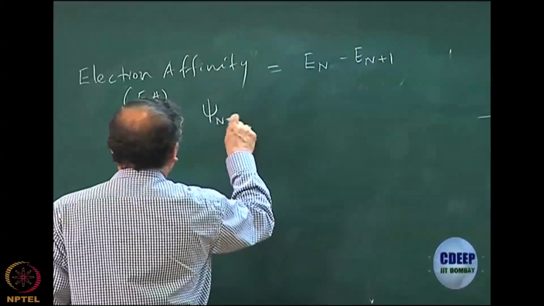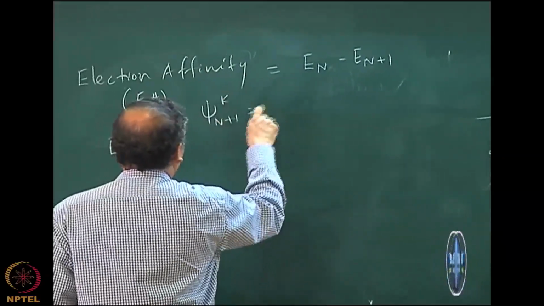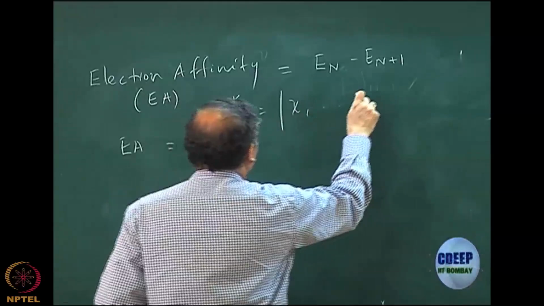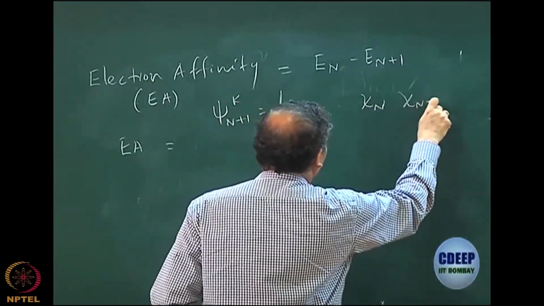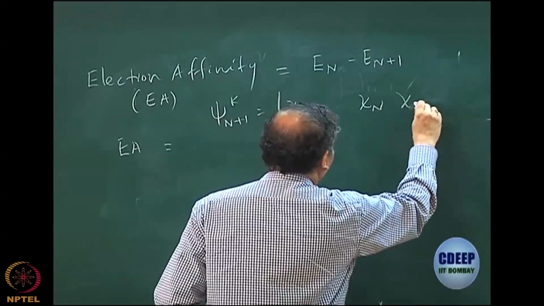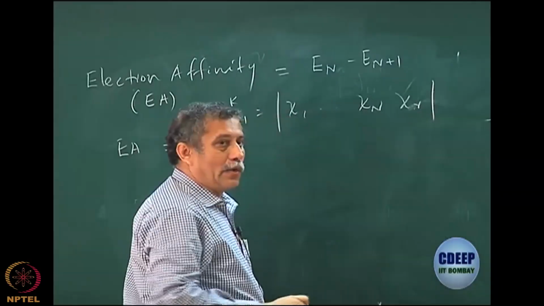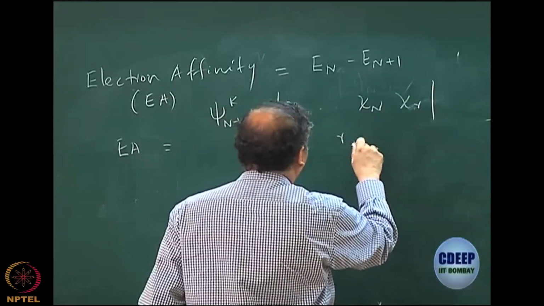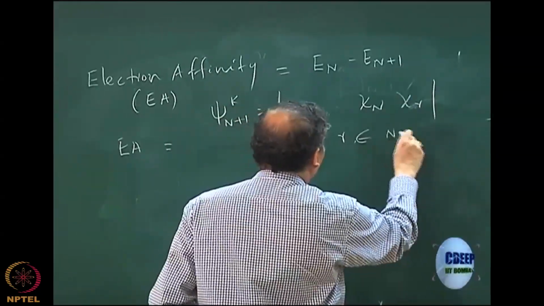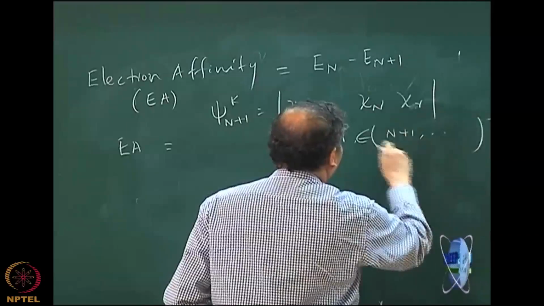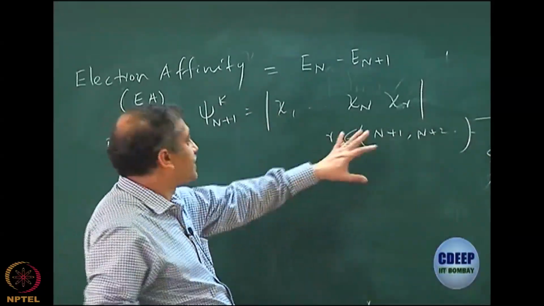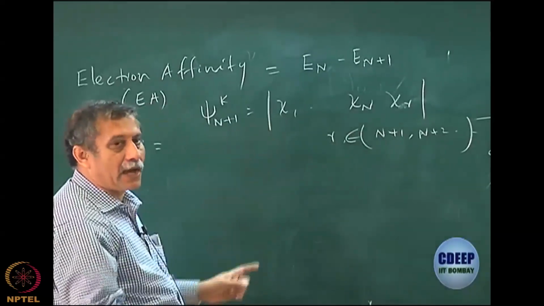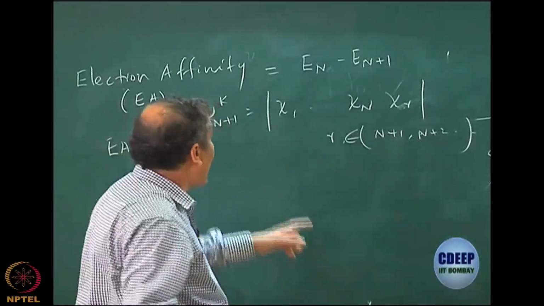So first Koopmans says, let me generate an N plus 1 electron wave function such that I have all chi_1, chi_2 to chi_N, and then I add an additional chi_(N+1), or let us say chi_r, where r is outside, in the N plus 1, N plus 2 to infinity set.